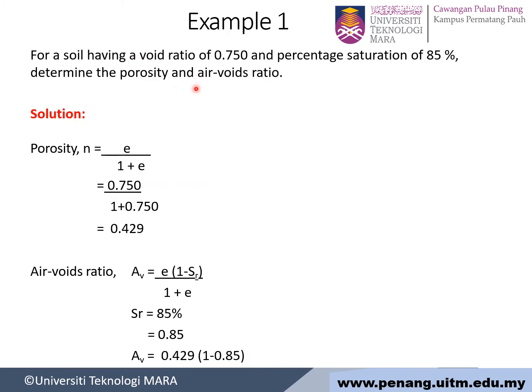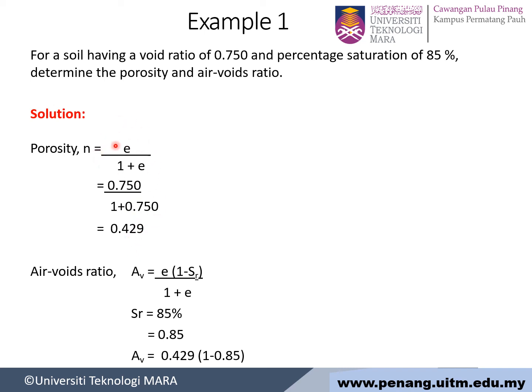Okay, this one is example 1. Soil having void ratio e of 0.75 and percentage of saturation of 85%, meaning that Sr is equal to 85%. Determine the porosity and air void ratio. Porosity is e over 1 plus e. So we have void ratio 0.75, and the porosity is 0.429.